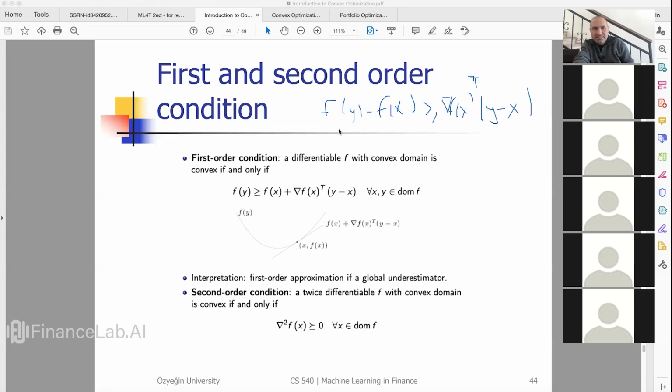This satisfies the convexity of the function f, if this condition is satisfied.